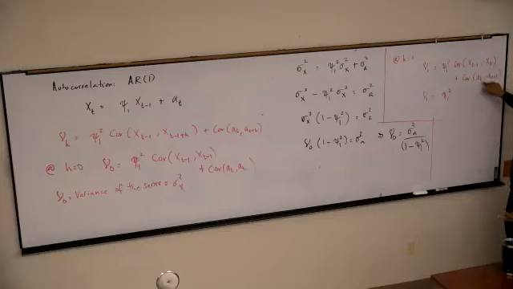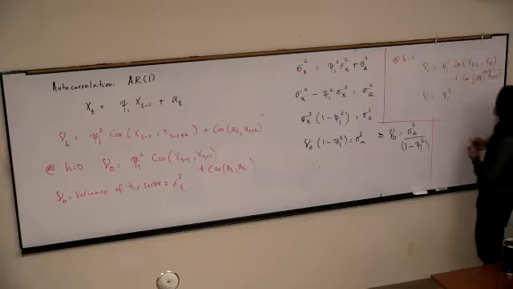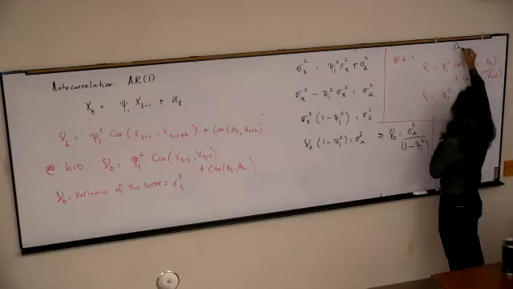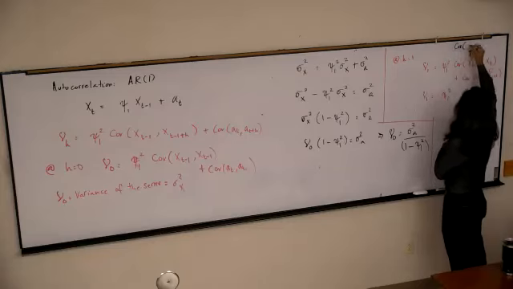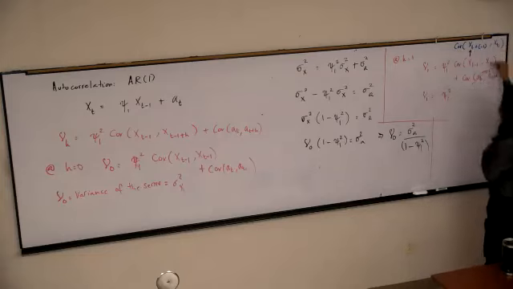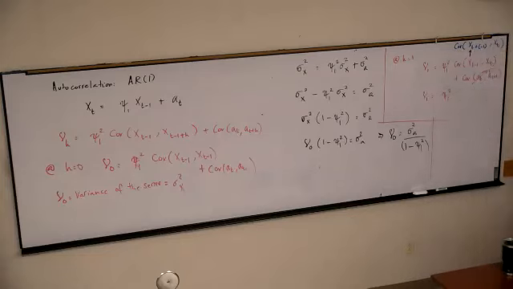Oh no, this one is going to be 0. Agreed? I want to know what that is. I'll give you a hint. I can write that as the covariance of x sub t plus minus 1, comma x sub t. Does it click now?